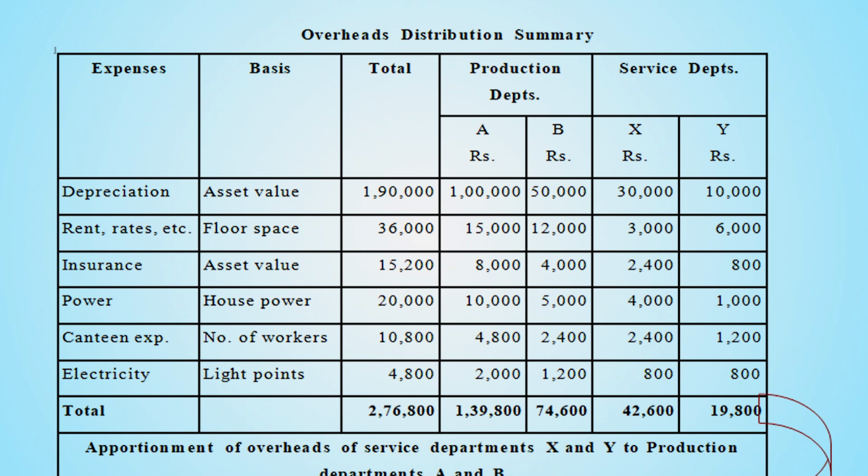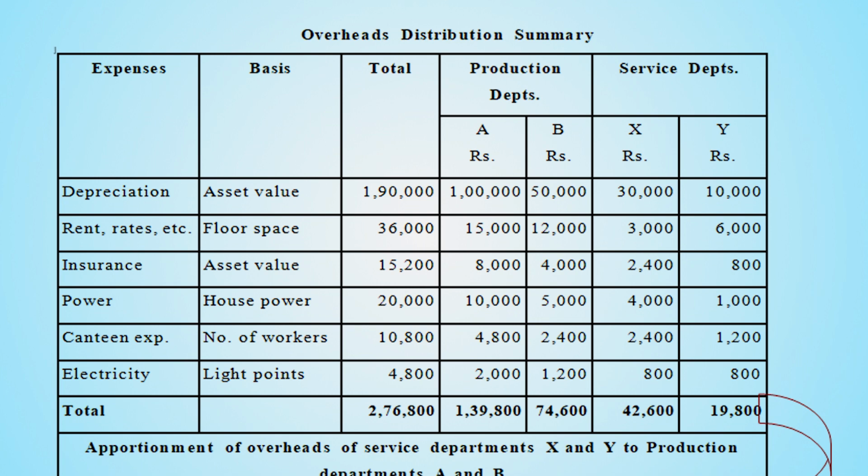Next expense given is electricity expense and it is to be allocated based on number of light points. Total amount is 4,800. For production department A it is rupees 2,000 and for B it is rupees 1,200. For service department X and Y it is rupees 800 each for respective service department.